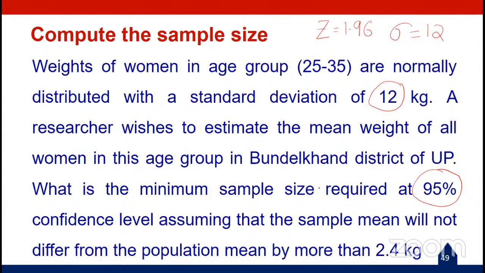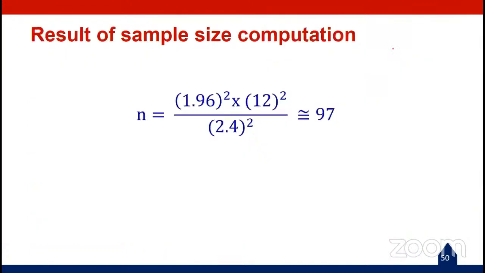What is the minimum sample size required at 95% confidence level, assuming that the sample mean will not differ from the population mean by more than 2.4? So D is 2.4. If we plug in these inputs, we get a sample size of 97. So you can use any of the sampling methods to recruit these 97 individuals.